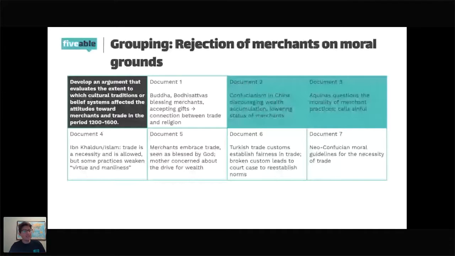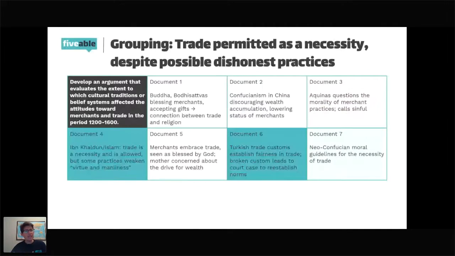But other documents said different things. For example, documents 4 and 6, these Islamic documents, seemed to say that trade was permitted as a necessity, even though there might be some dishonest practices. So you need to be very careful, perhaps, as you go about trade, but it is still a very important part of culture, and it's still encouraged as long as you do it by the law, right?